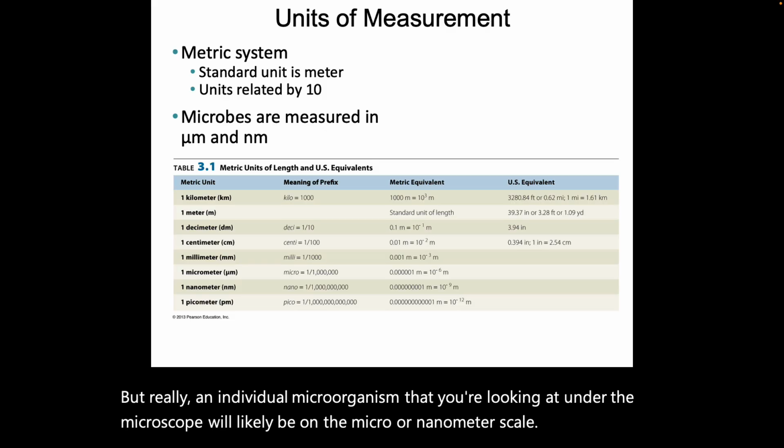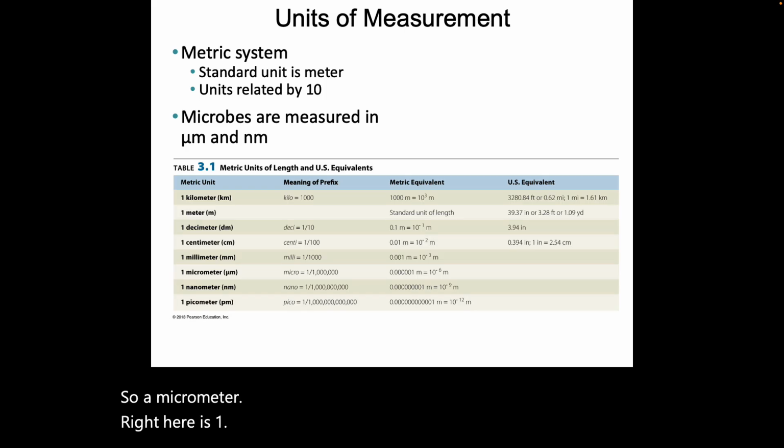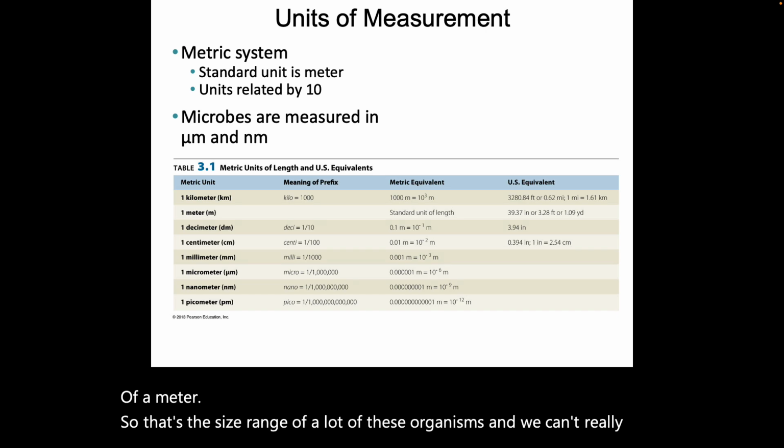So a micrometer right here is 1 millionth of a meter. A nanometer is 1 billionth of a meter. So that's the size range of a lot of these organisms, and we can't really discern that. So that's why we have to use the microscope.